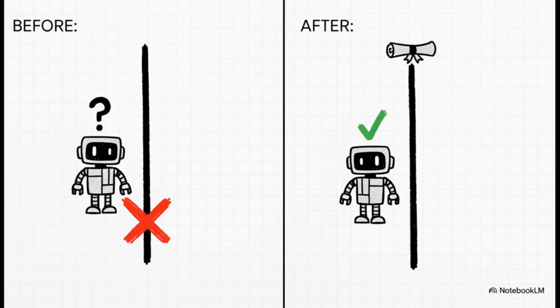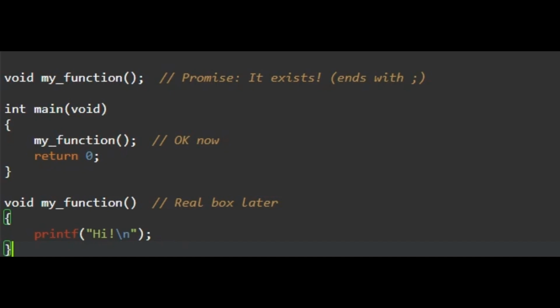The fix for this is something called a forward declaration. And all that is just taking that function's prototype, that promise, and sticking it at the top of your file before the function ever gets called. As you can see here, by just adding void do something void right at the top, we make the compiler aware of our promise ahead of time, and the code compiles perfectly.